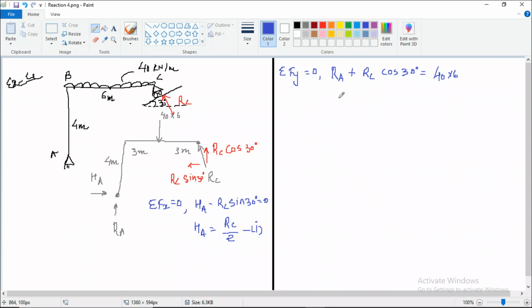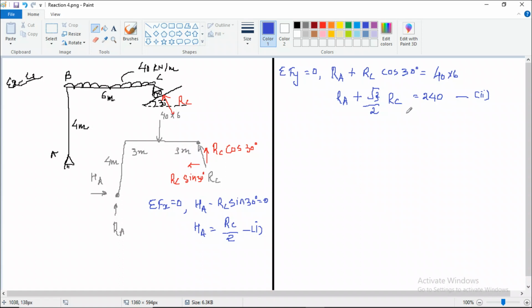So if you put the values, RA plus cos 30 is root 3 divided by 2 into RC is equal to 240. So you will get equation number 2.